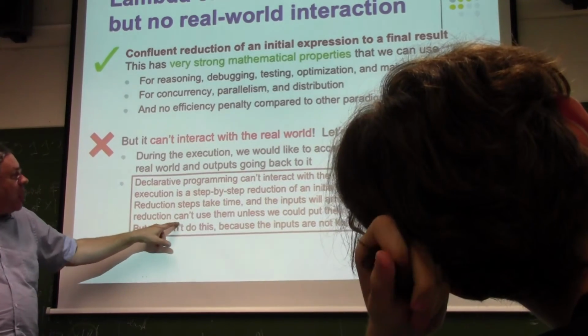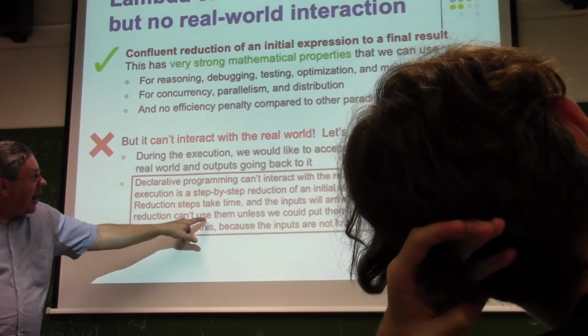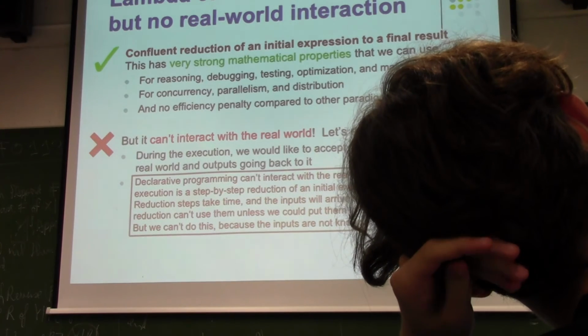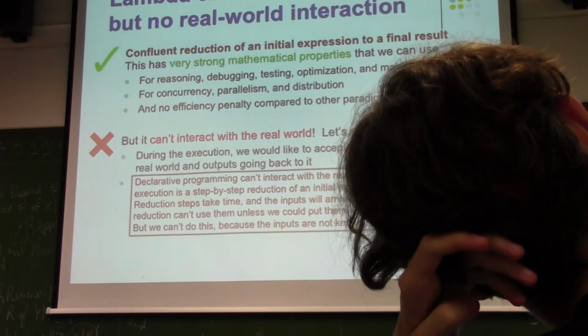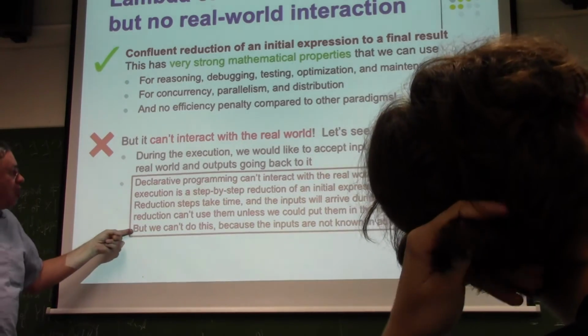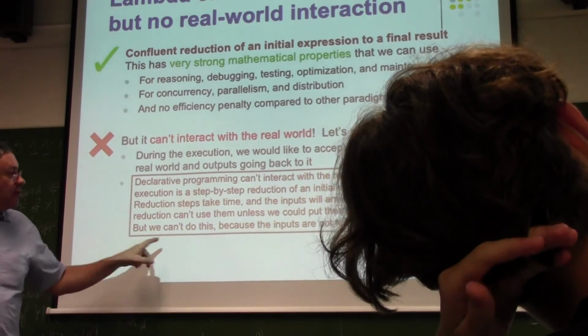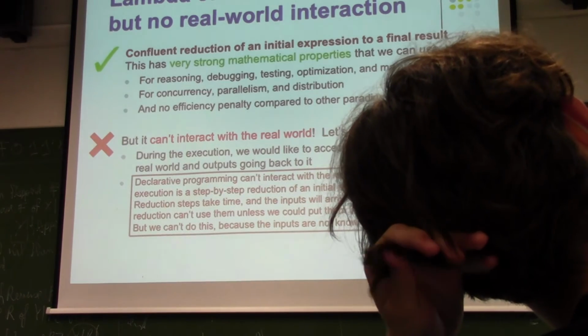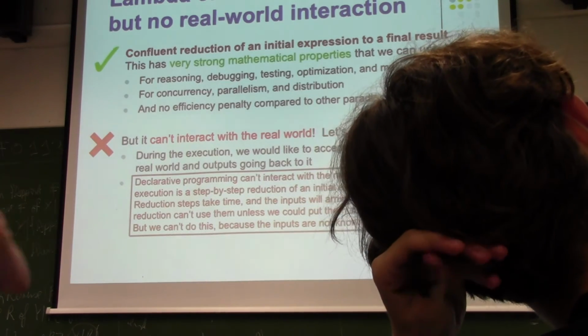The reduction cannot use them unless you could put them in the initial expression. So you can say, yeah, it's like the initial expression is different, but you cannot do that because you do not know the inputs in advance. You only know them during the execution.